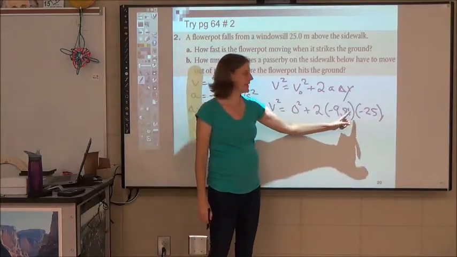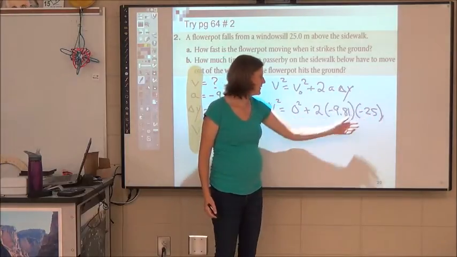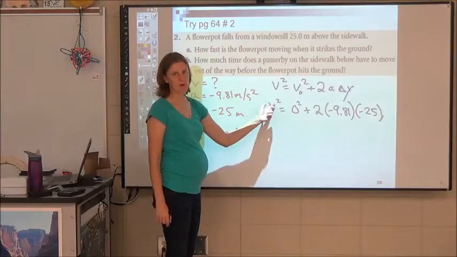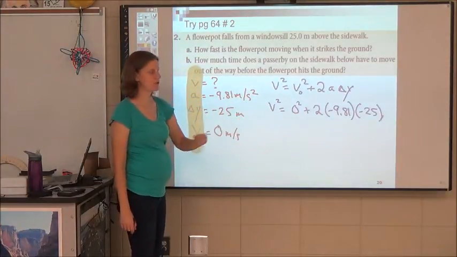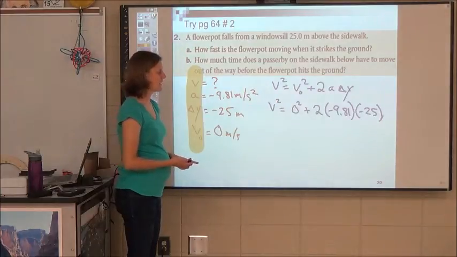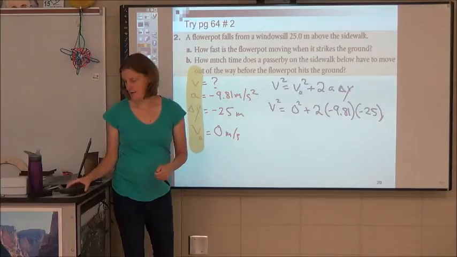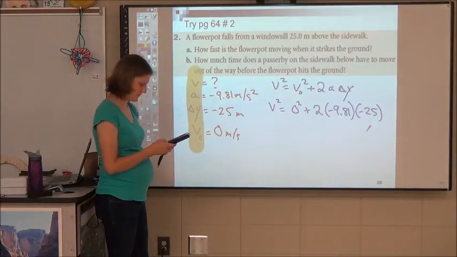And right here, you're going to have a negative times a negative, so that will be positive, and then you're going to square root that. So if you are ever trying to square root a negative number, you've forgotten a sign somewhere. That should not happen. We should never be trying to take the square root of something that's negative. All right, so let's see what we get there.